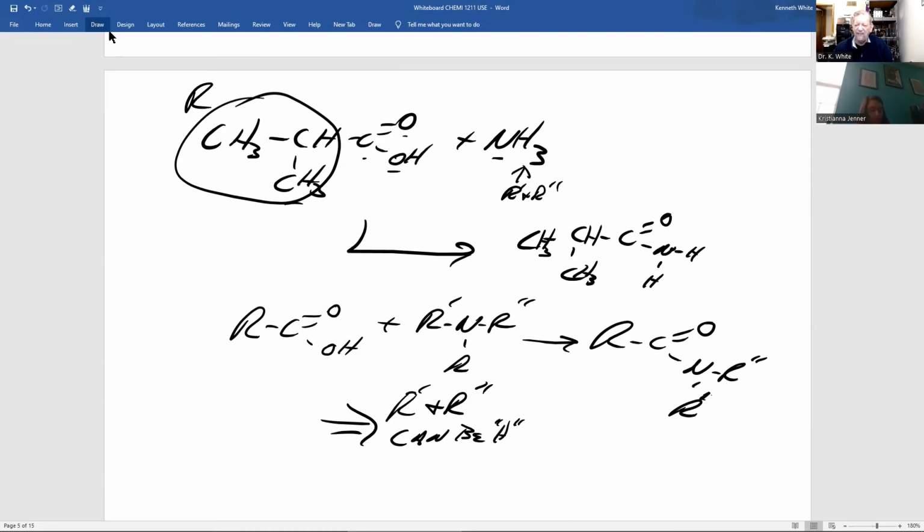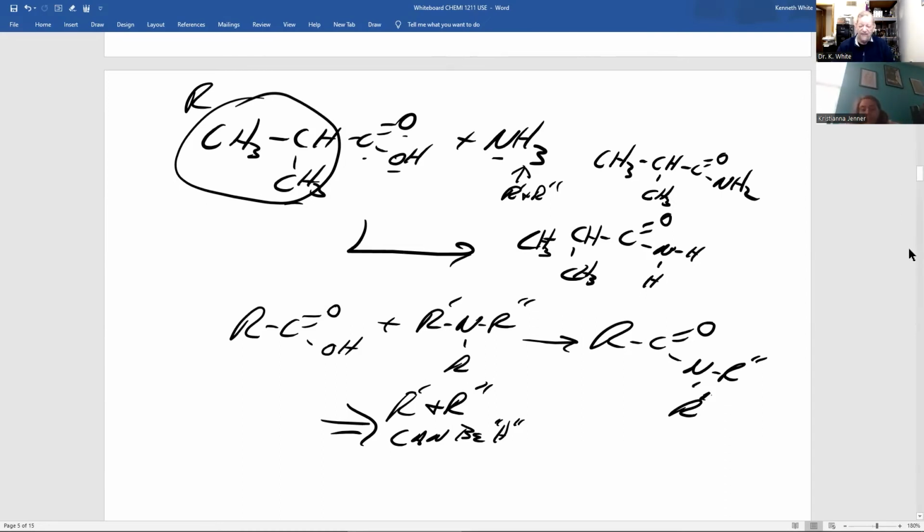And there's our amide, or let me move our video pictures over here so I have more room. You can also write it this way. And either one would be correct, and that's an amide.